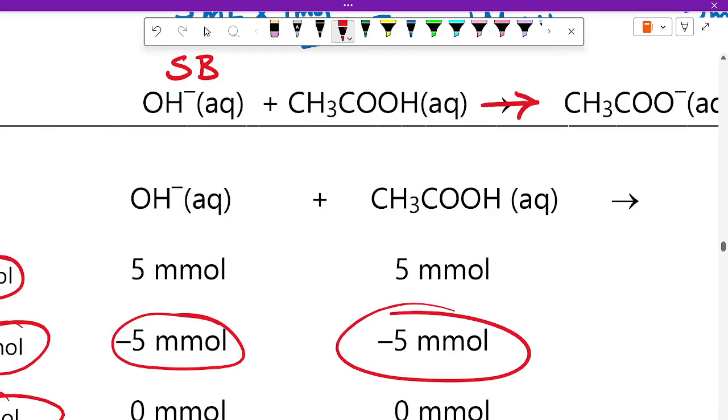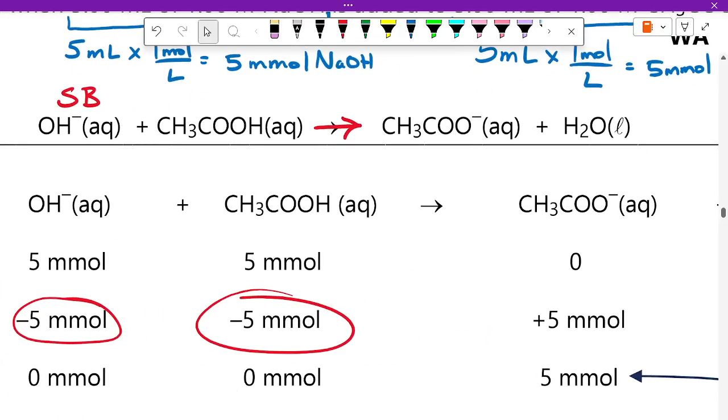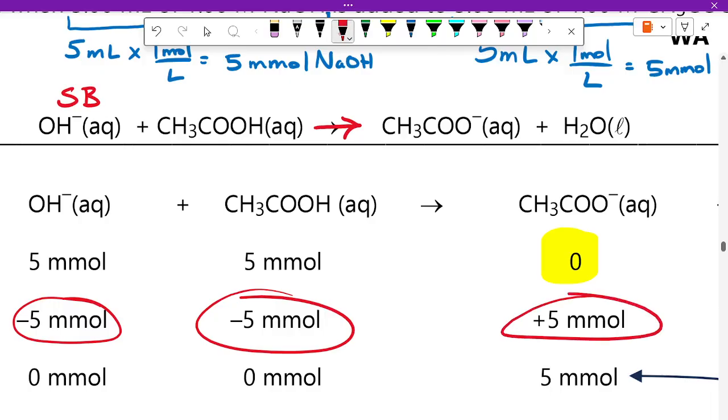So we end up with no moles of hydroxide, no moles of acetic acid. And then on our other side of the equation, we started with 0 millimoles, and now we're going to have plus 5 millimoles. So we've got plus 5 millimoles of what type of substance? That is a weak base.